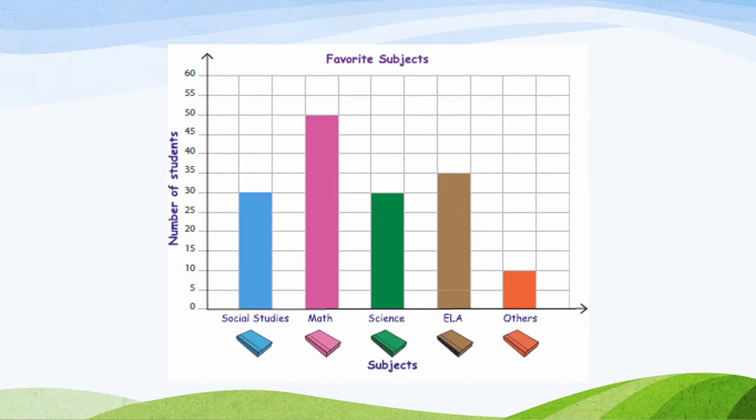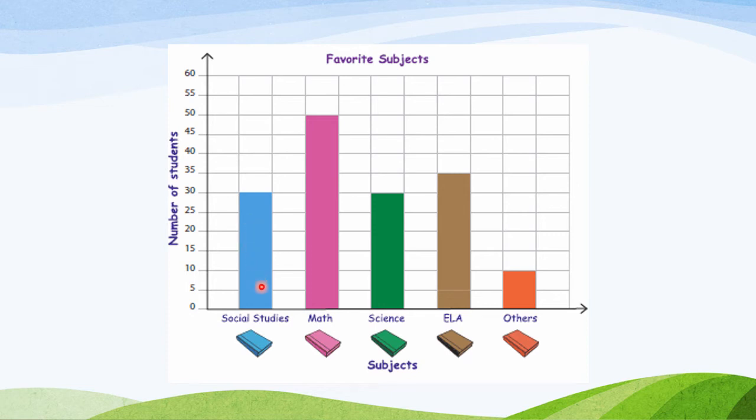Good. Now, what's the favorite subject for the most favorite subject? It's math. Yes, because I'm teaching math, so it's math. What other subjects are the same? What are the subjects that the same number of students like?